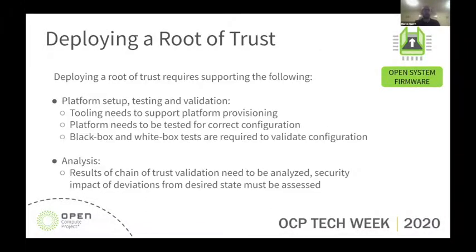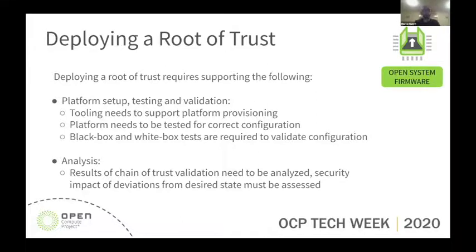Without considering actually large-scale deployment yet, if you want to support a root of trust, first and foremost, you need to have tooling for provisioning and testing. So you need to provision the platform, configure the TPM, for example, build the metadata for the firmware, and then you want a test suite that you can use to verify that the system is actually configured correctly.